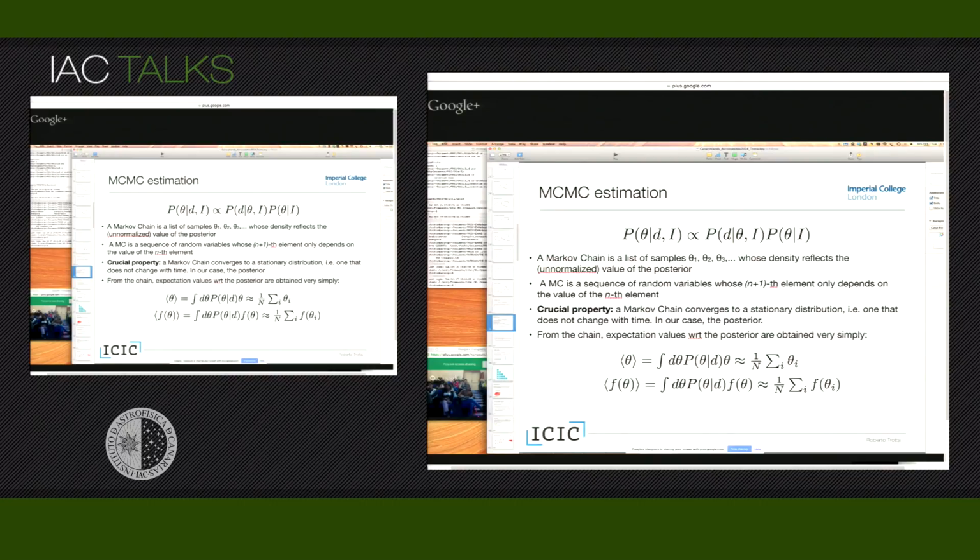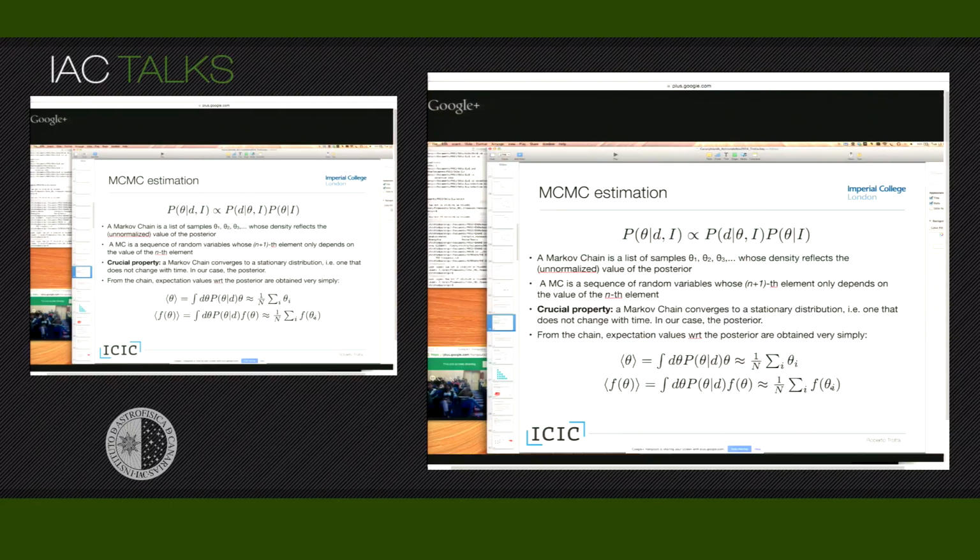If your MCMC is working right, then the expectation value is typically the mean of the sample, the mean value of the Markov chain sample. And equally, the expectation value of any function of the input parameter is typically the mean of the function value evaluated at the sample's location. Of course, there's more.